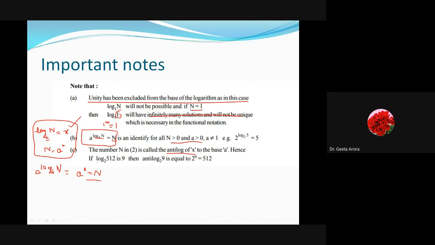It means if I have calculated log of 512 with base 2 is 9, it means 2 raised to power 9 is equal to 512. So if I take the anti-log of 9 base 2, it is 2 raised to power 9 which is equal to 512. Taking the anti-log will give me the same value.